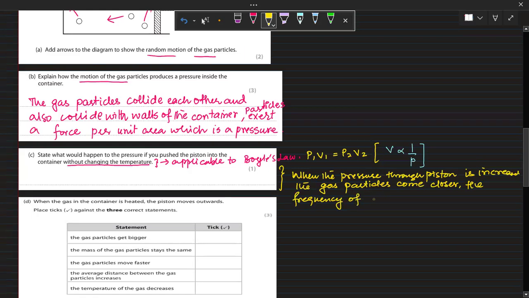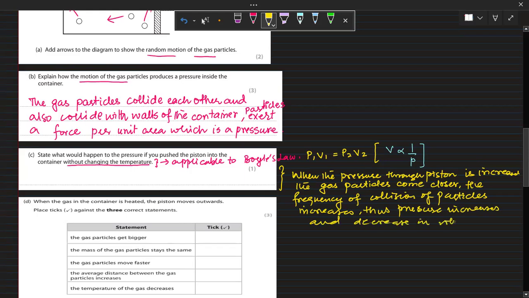The frequency of collision of particles increases, thus pressure increases, and a decrease in volume is observed. You can write down this explanation. Just give me a minute.